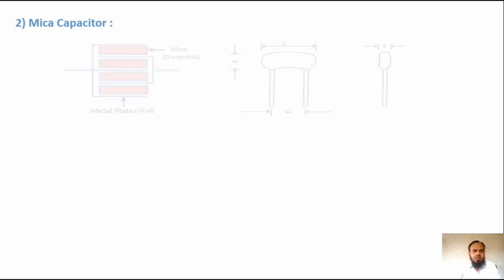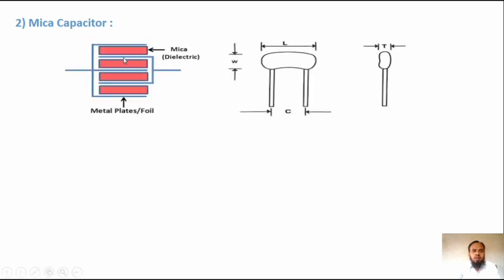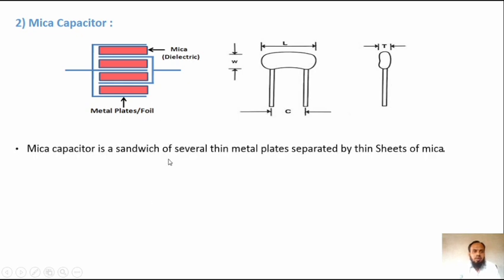Then the mica capacitor. These are mica capacitors having plates of mica. Here is the dielectric medium. A mica capacitor is a sandwich of several thin metal plates separated by thin sheets of mica, as shown in the figure. These sheets are the dielectric medium.